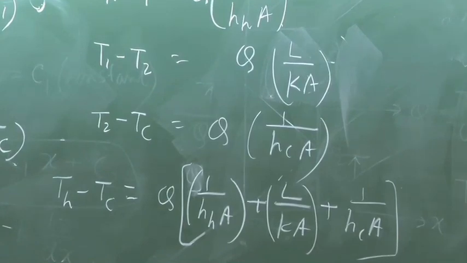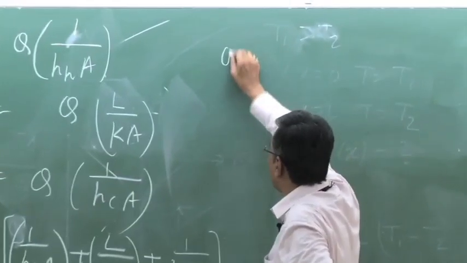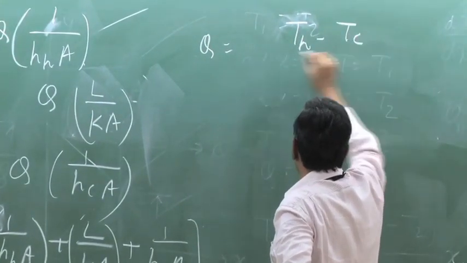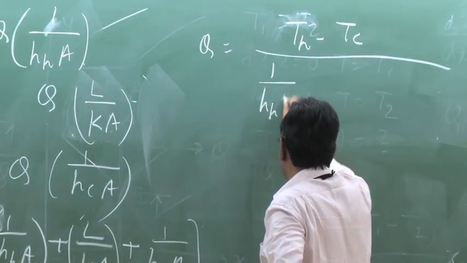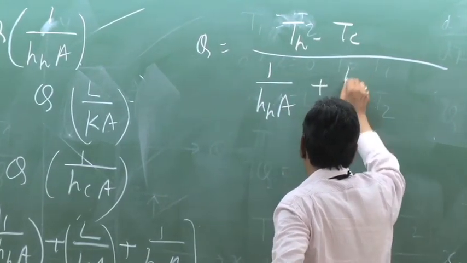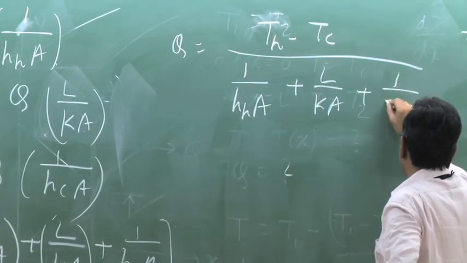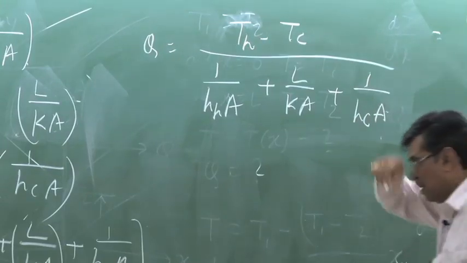That means we can write this as Q is equal to Th minus Tc divided by 1 by HHA plus L by Ka plus 1 by HCA. That means this T1, T2 are eliminated.